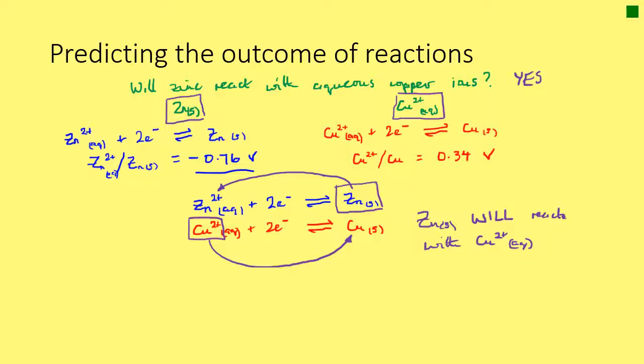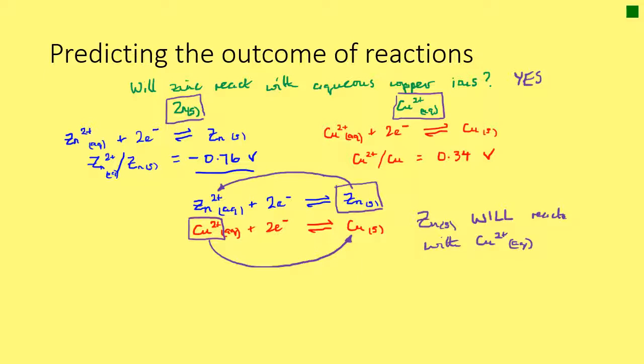Then we write down the electrode potential. For zinc, you look at your electrochemical series and you see zinc 2+ to zinc solid, and the electrode potential you read off is minus 0.76 volts.